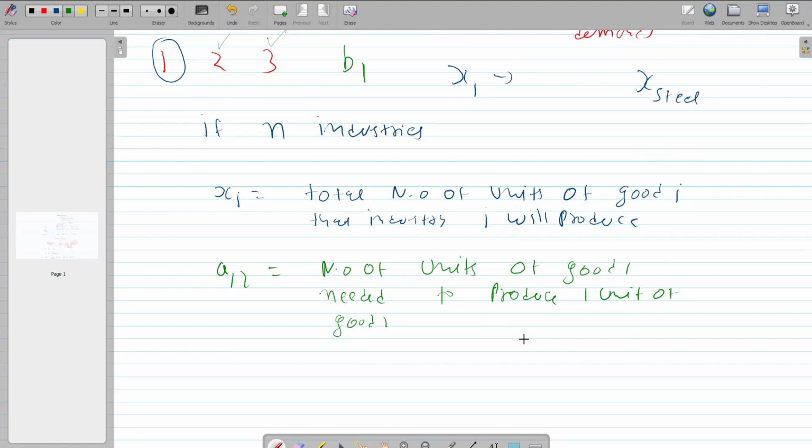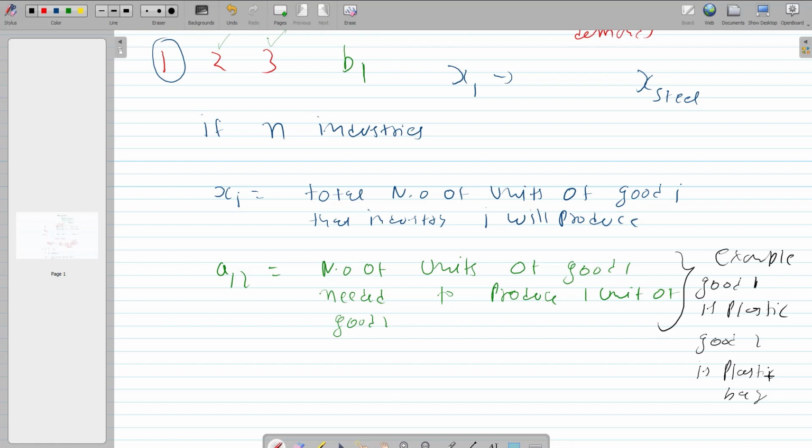For example, if good one is plastic and good two is plastic bag, this will mean how many units of plastic are needed to produce 1 unit of plastic bag.